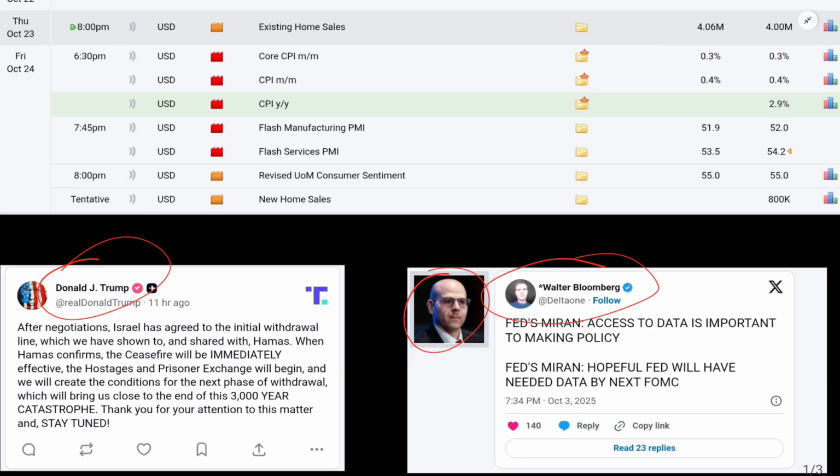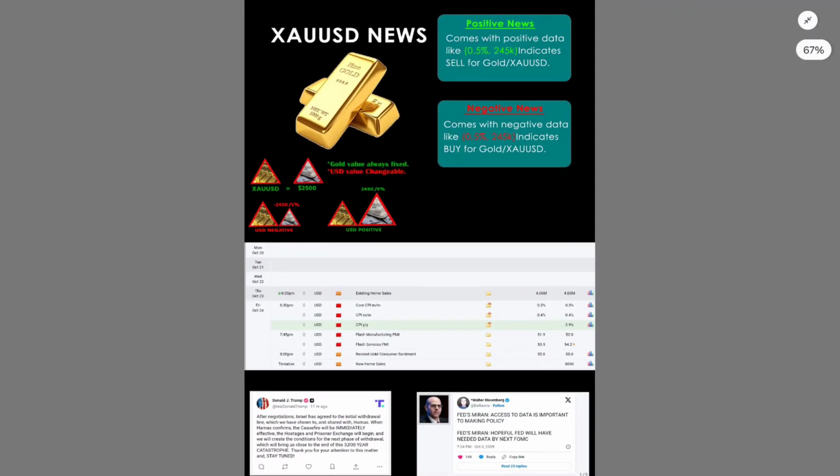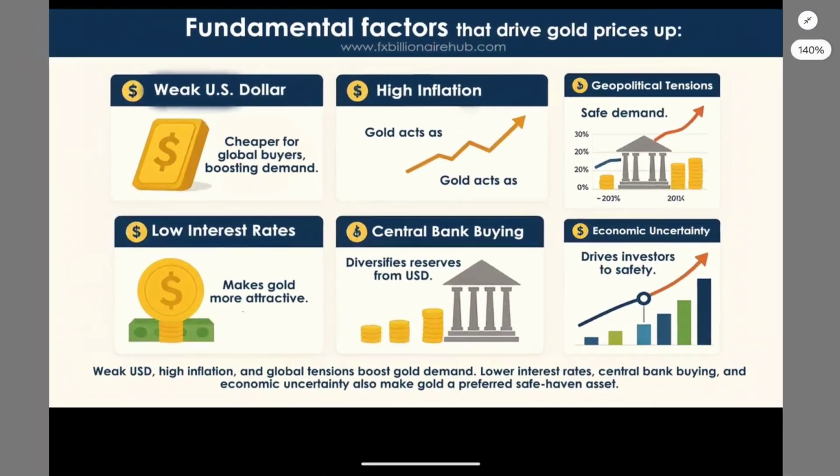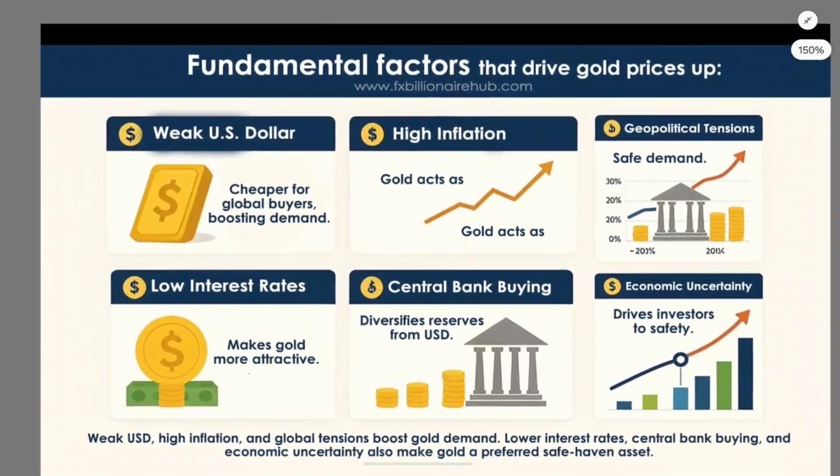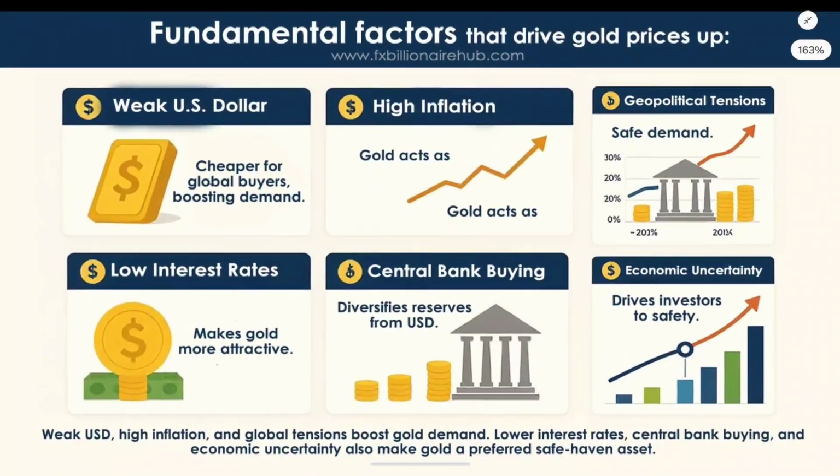Now, let's get back to the major factors: why is gold rising up like a rocket launcher? If you follow the last few months of gold data, gold is hiking up, breaking the all-time high record every day.